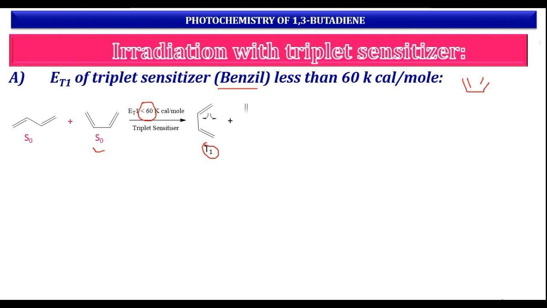After that, the irradiation cleaves this one, giving radical and radical, and these two radicals make a bond, so we get this compound.